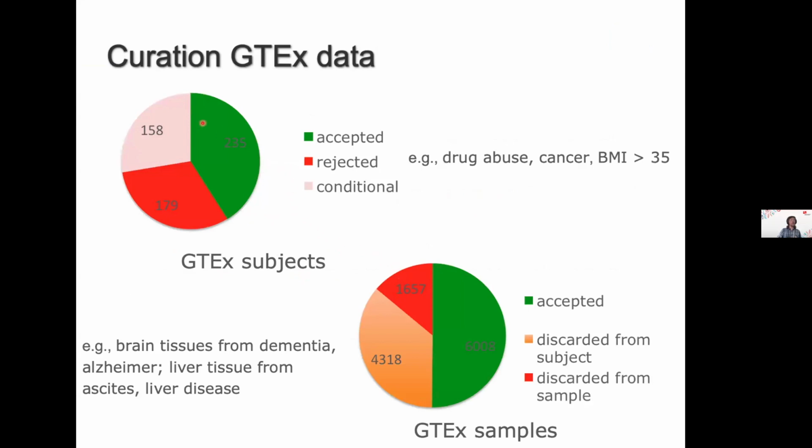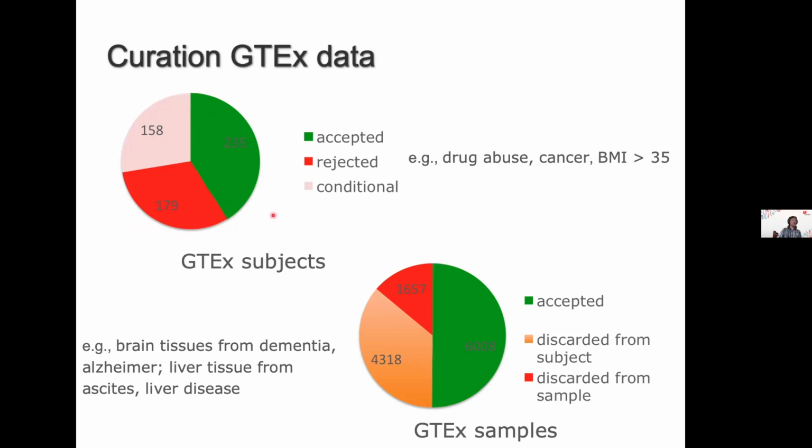So if you take the subjects, you have a small half of the subjects where we accepted all the data, they were healthy, but you also had a third more or less of the subjects which we rejected because they were not healthy. For example, people who died of cancer, people who died of drug abuse, people who had a BMI above 35, which is defined by the World Health Organization as morbidly obese, and so on.